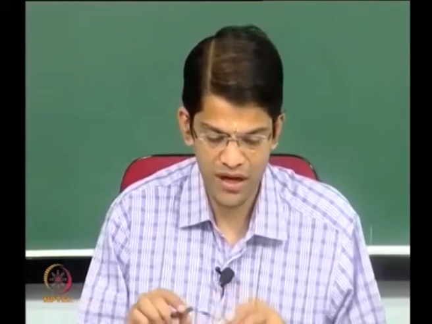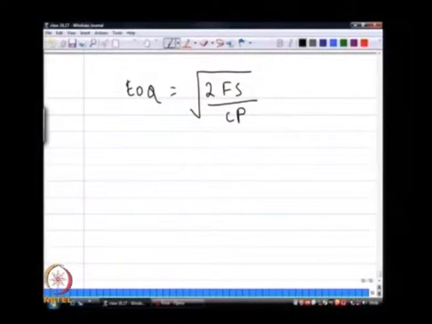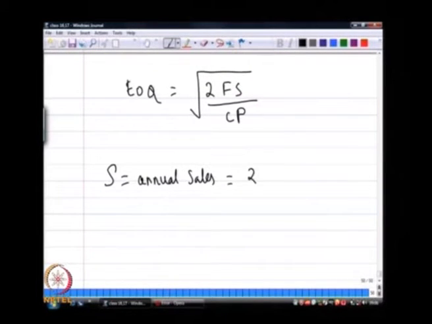That we will understand by taking an example, and I will use a numerical example so that the numbers give you a better understanding. Now, let us say S, which is the annual sales, is around 26,000. Let us say we are talking about a textile unit, so I am selling around 26,000 shirts.